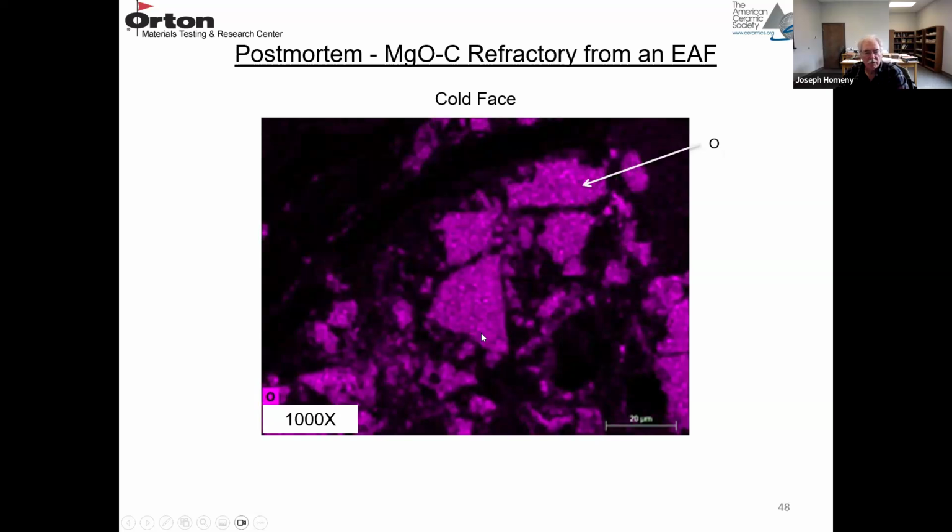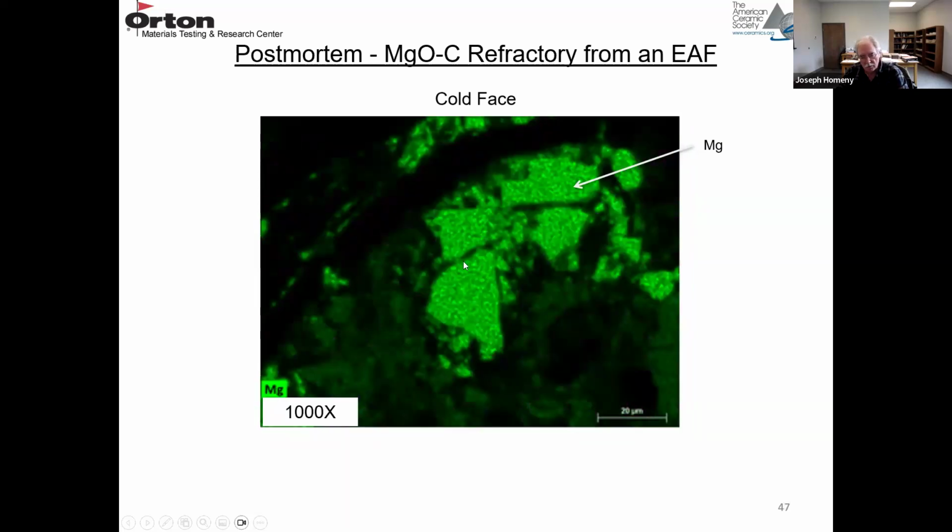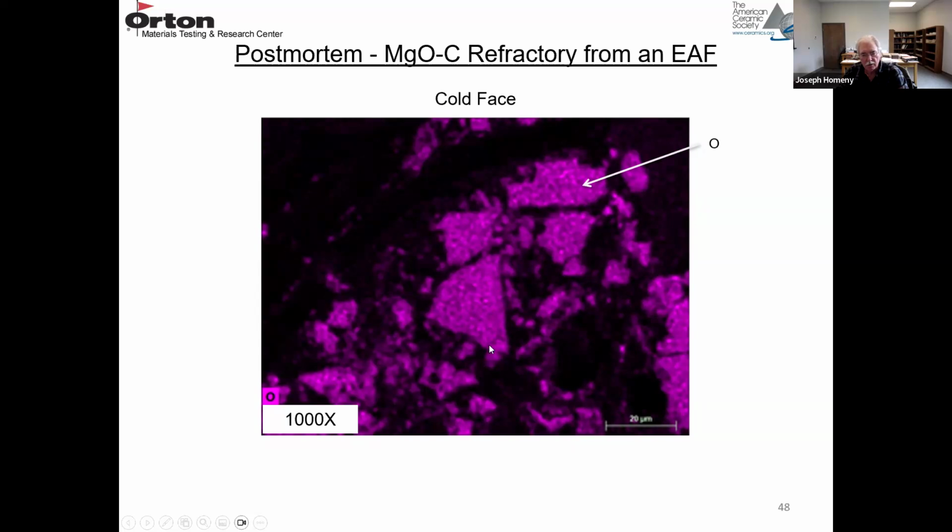And the purple is oxygen. So you can see the MgO, again, by the purple. You can see it in the matrix. It shows up a little better for the oxygen. So any region that's purple is MgO, corresponds to where the green and the purple are in the same location.